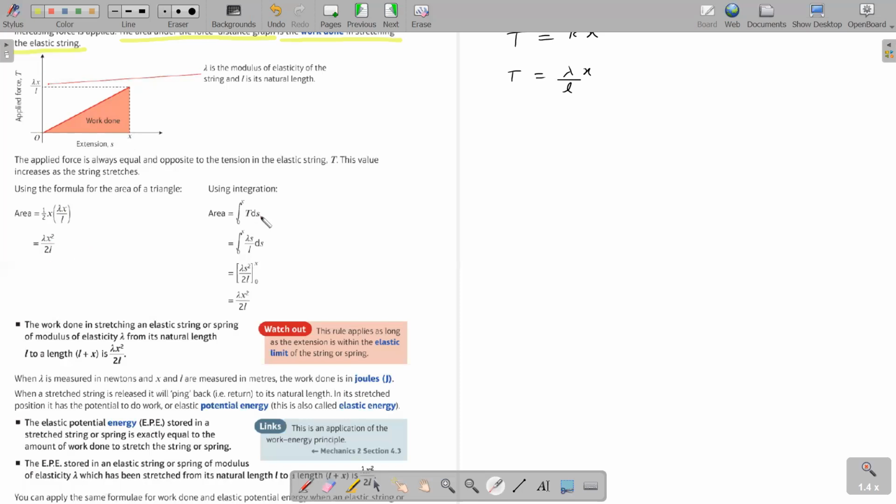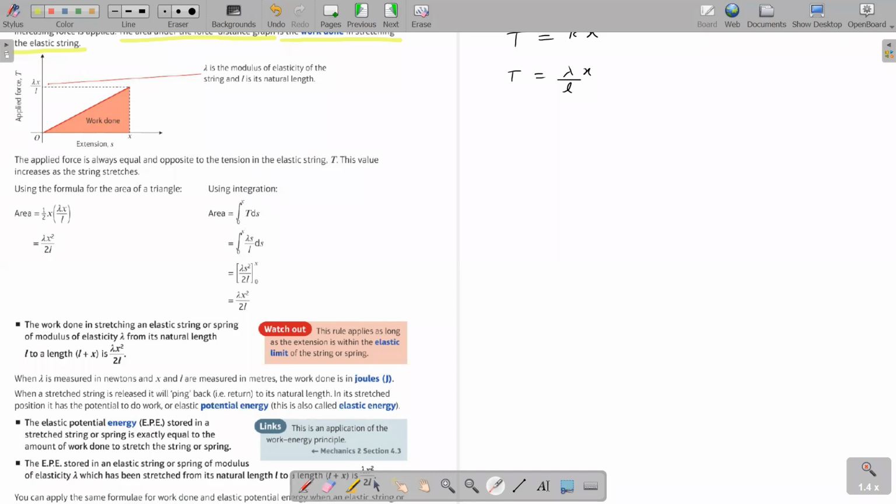Can you see? Also, we can get this result by using integration. So they are integrating. You do realize when you integrate a graph, you get the area under the graph, isn't it? So here we integrate, the y variable is T. So they're integrating with respect to s here. Okay, how does that work here?